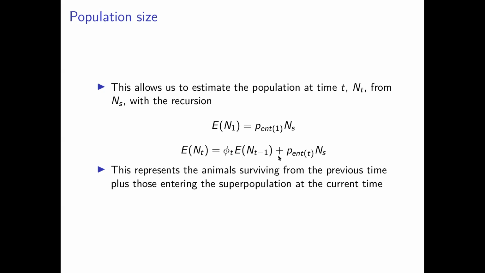And then to that, we have to add the expected number that enter the population at time t. So this is the entry proportion times the superpopulation size. And so we have our base case, and then we have our recurrence relation going from the time before to the next time.